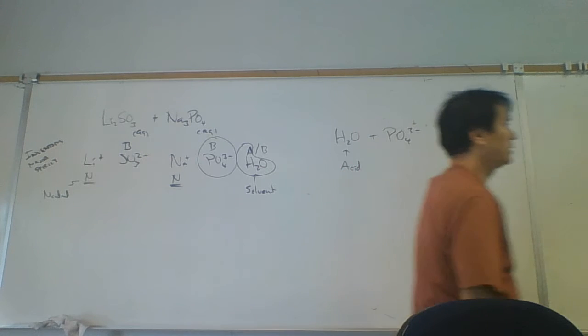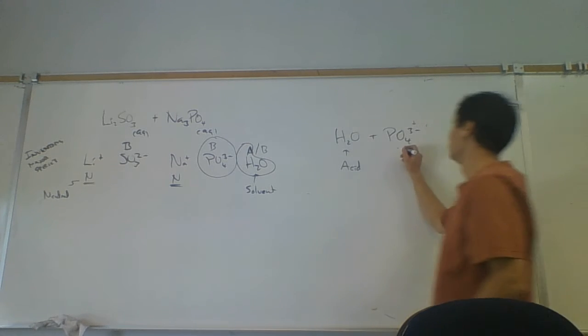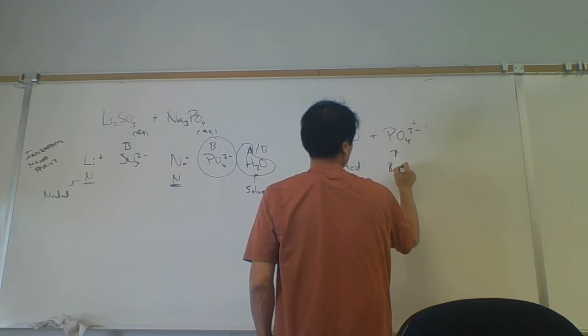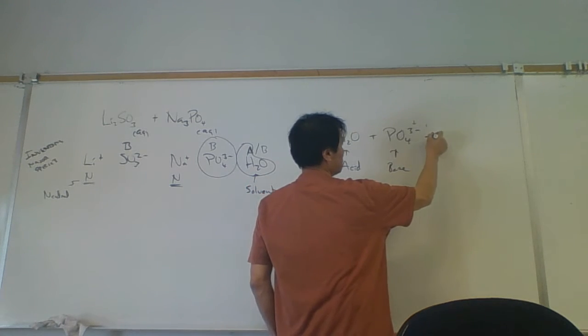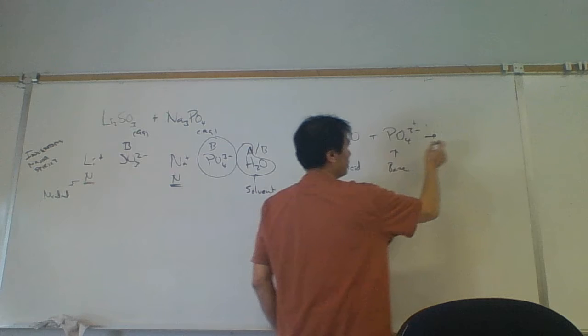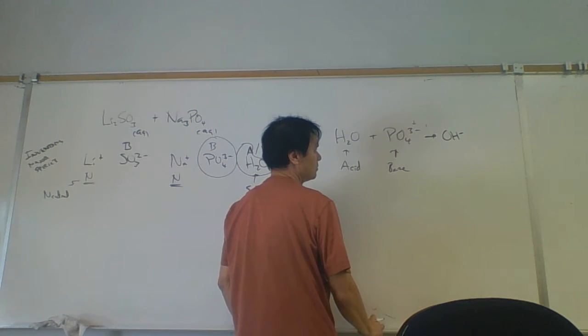We react them together by transferring a single proton, a single H plus, from the acid to the base. So transfer an H plus over here. We're going to lose an H plus. If water loses an H plus, all that's left over is an OH. The OH is going to have a negative charge.